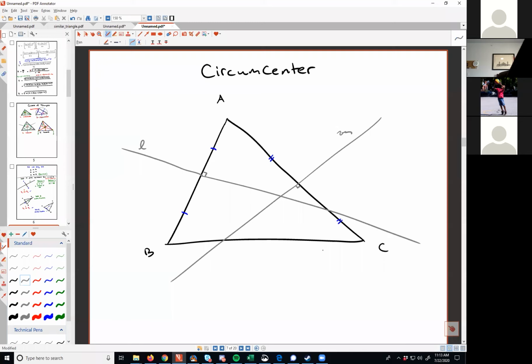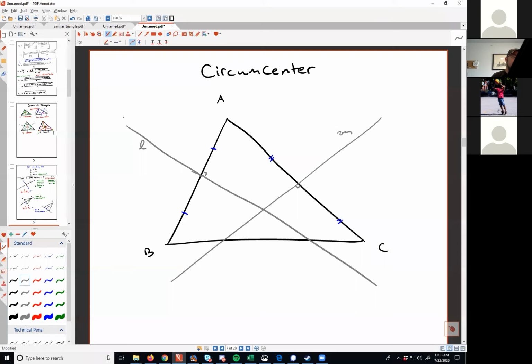Okay, so these intersect at a point, and I've not drawn this well, so I'm going to redraw just a little bit. Forgive me. Pretend that these are perpendicular bisectors. I'm not the best geometric artist.